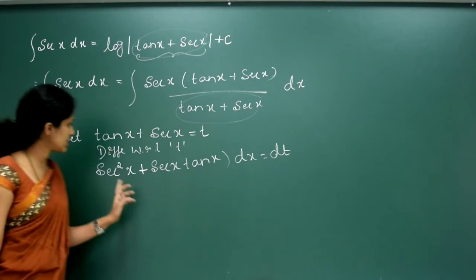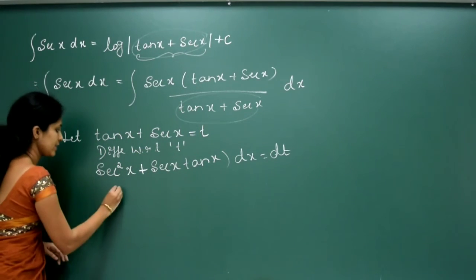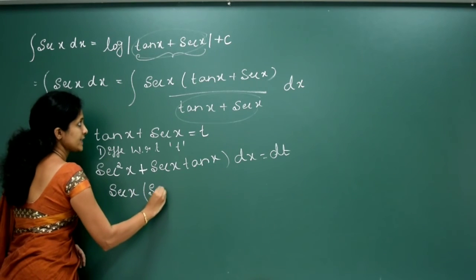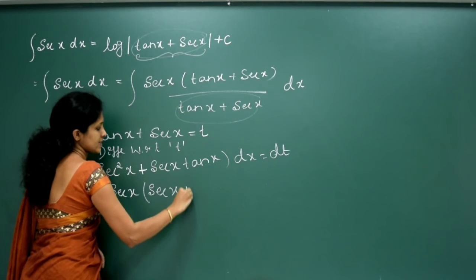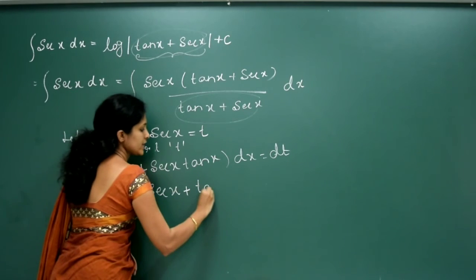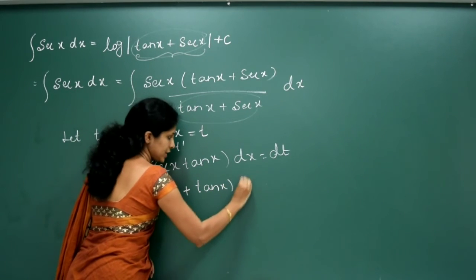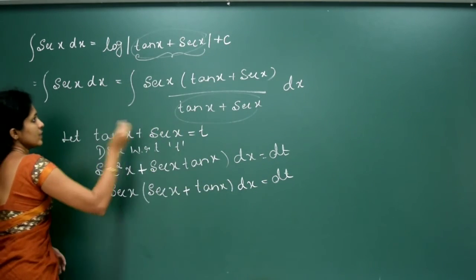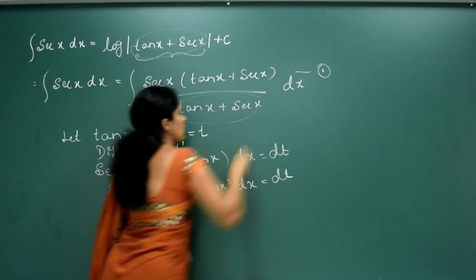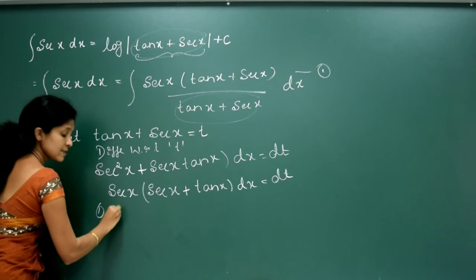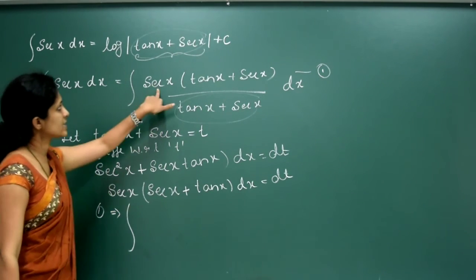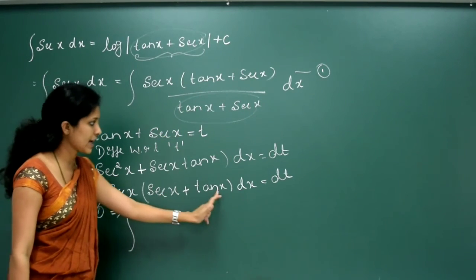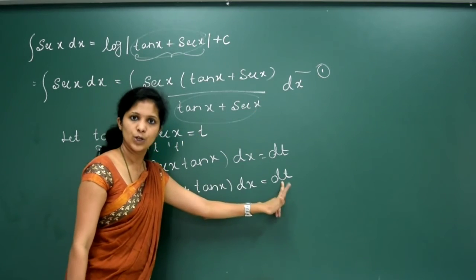Here you can see secant x is common, right? We'll take out secant x, and what is remaining is secant x plus tan x, dx is equal to dt. I'll take this as 1. 1 implies integration of secant x into tan x plus secant x, secant x plus tan x dx is equal to dt.